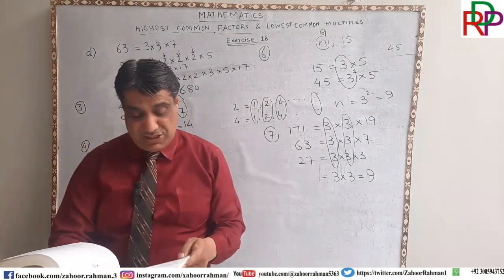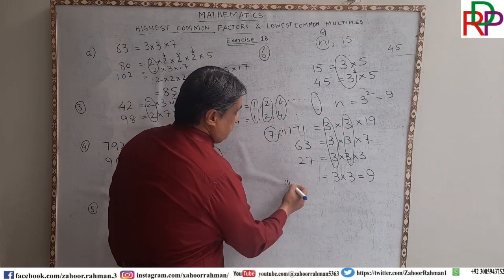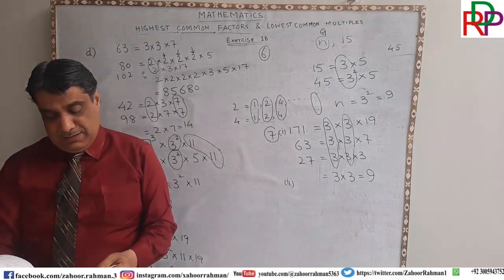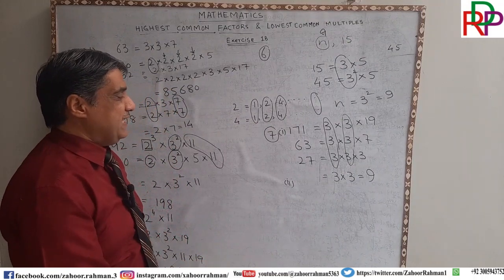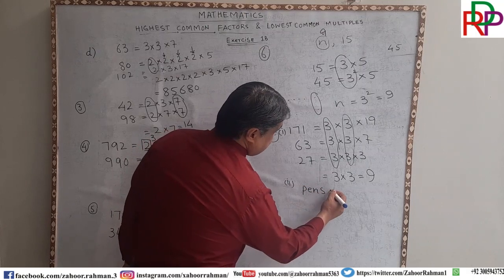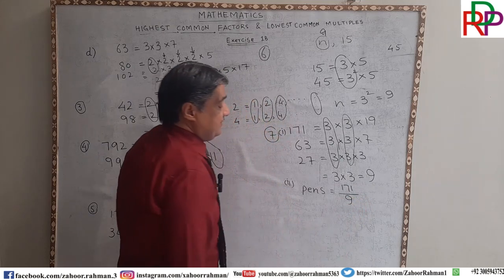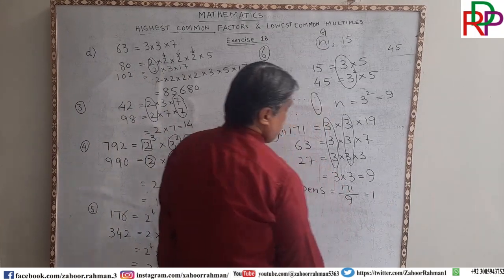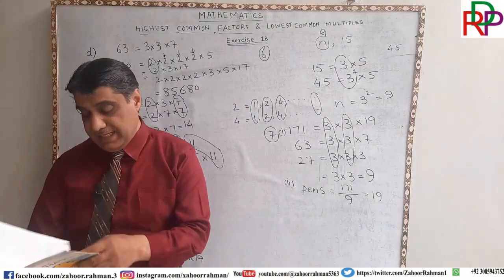Now, the second part of this question, part number 2, is asking for the number of each item in a gift pack. First of all, pens: 171 pens and 9 packs, so 19 is the answer.